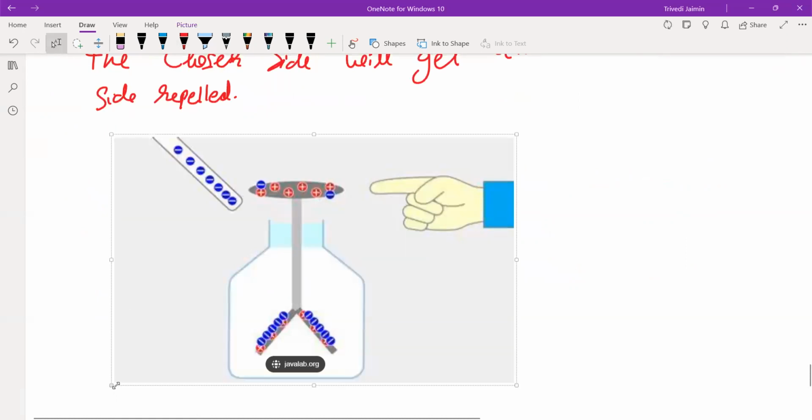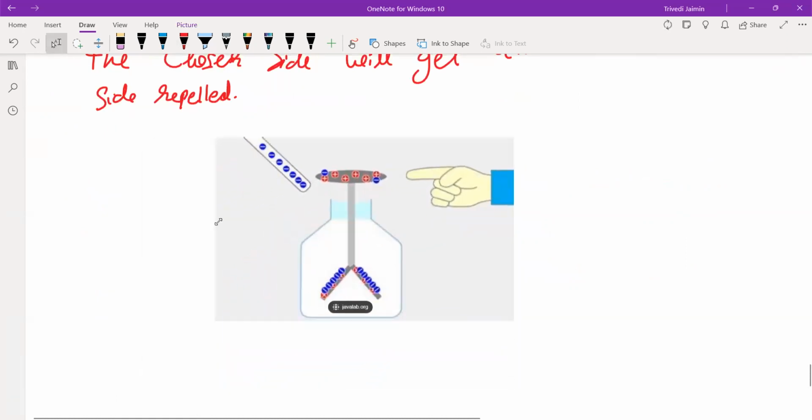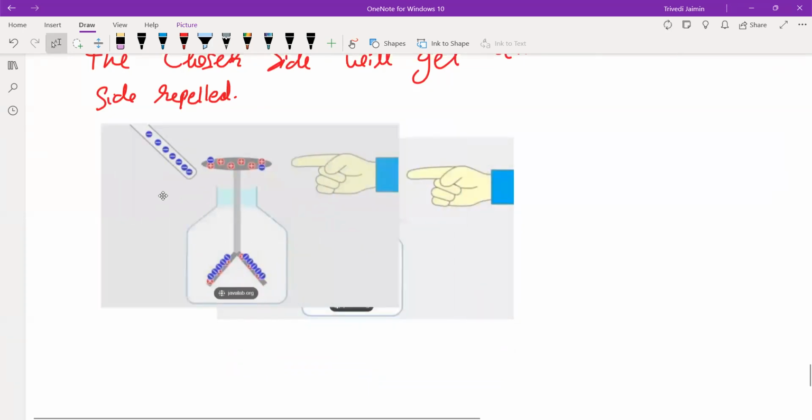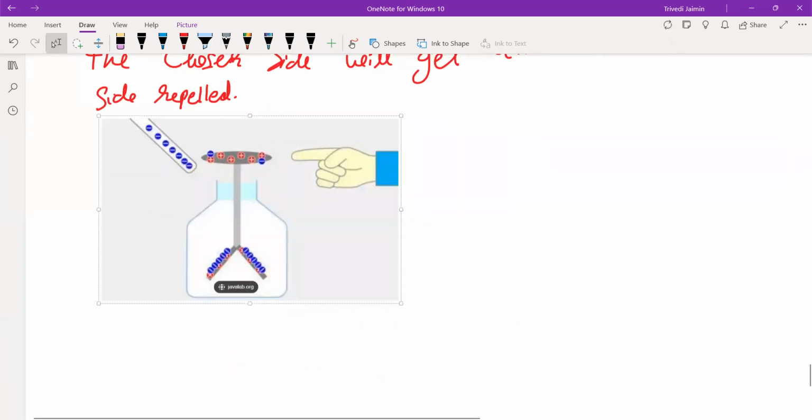Have you seen this picture anywhere or something similar? Like the top positive part is trying to attract some negative charges, and there are some positive and negative charges at the bottom.